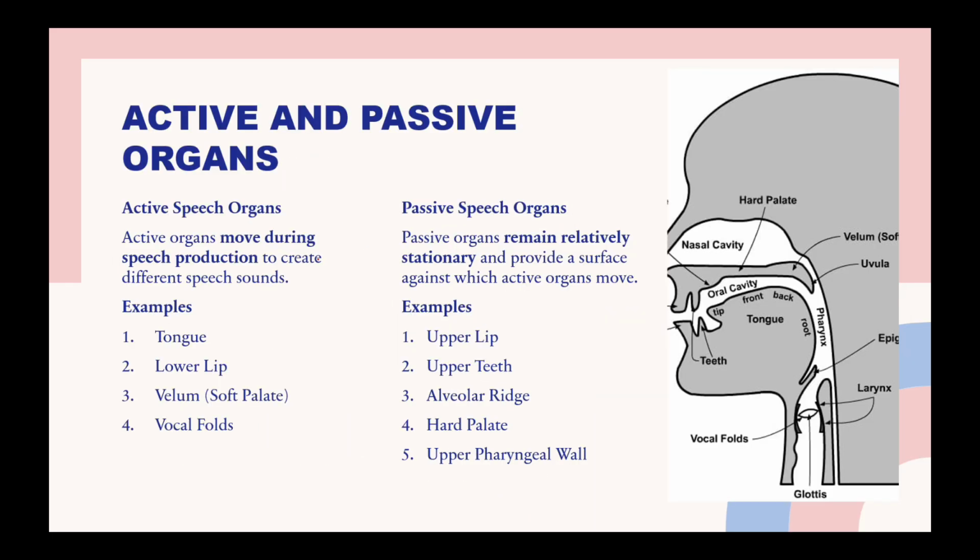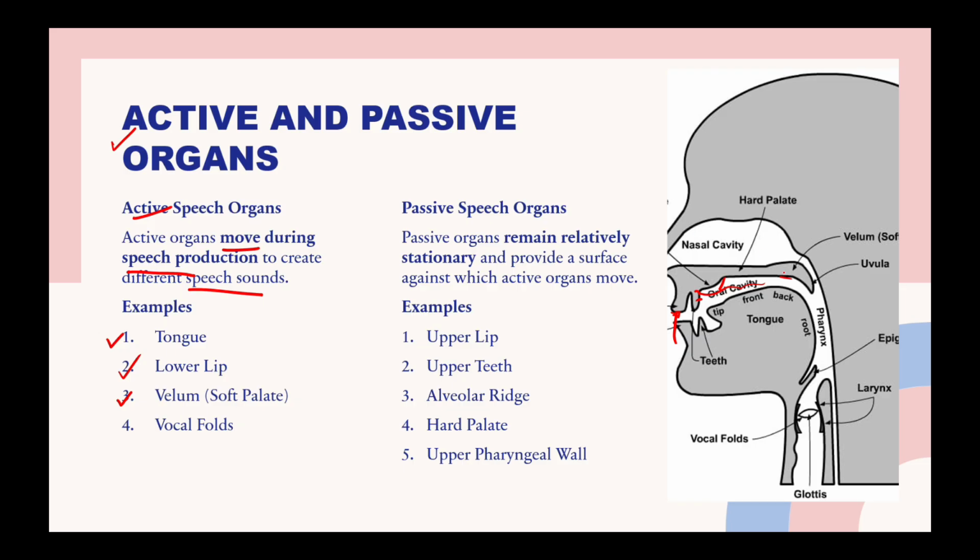Now we will look at the active and passive organs. What are the active organs? Active organs move during speech production to create different speech sounds. For example, the tongue moves and touches the alveolar ridge, teeth, hard palate, soft palate. The lower lip and lower jaw move and touch the upper jaw.